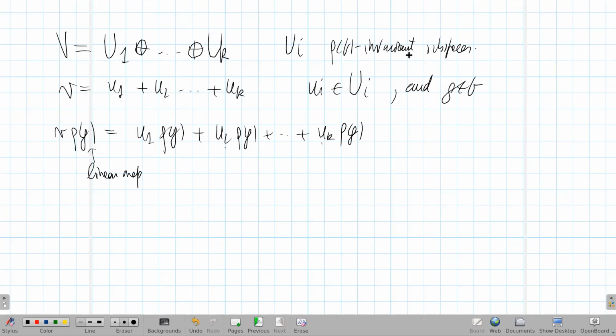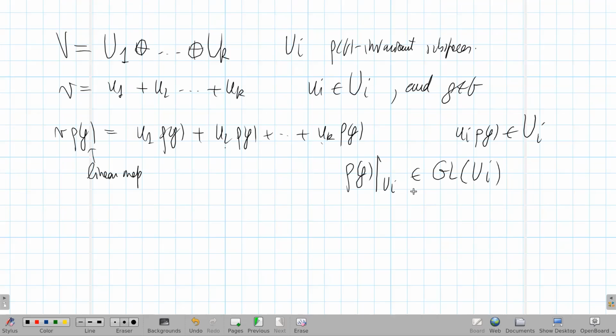But the point is, since all of these are rho-invariant subspaces, restricting to Ui, in general you restrict the domain and you don't know about the codomain, but in this case, since these are rho(G)-invariant, this is indeed a map from Ui to Ui, and so it's still invertible, and so this is in GL(Ui), okay?